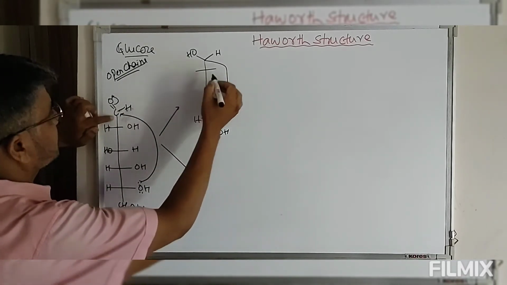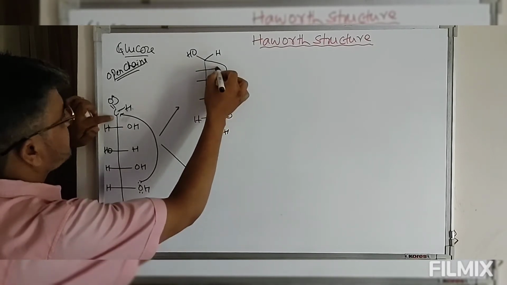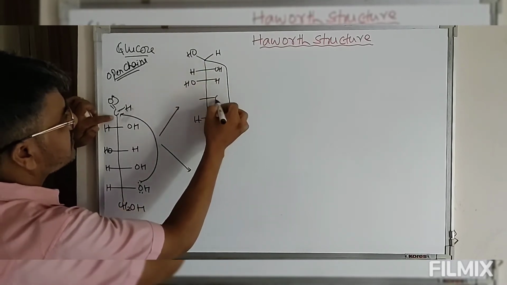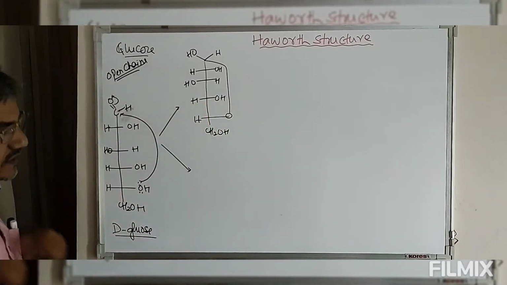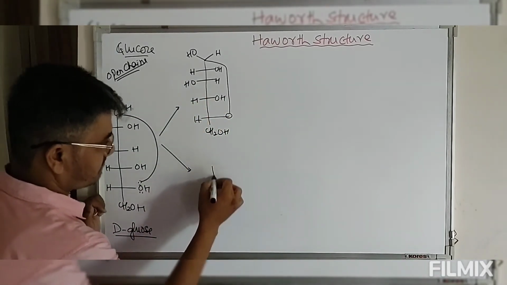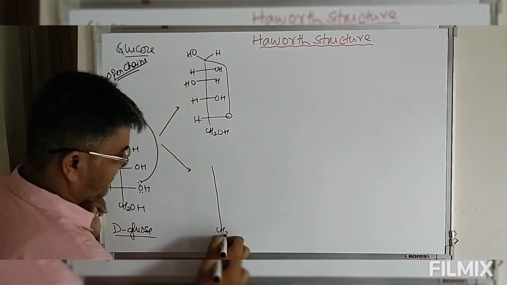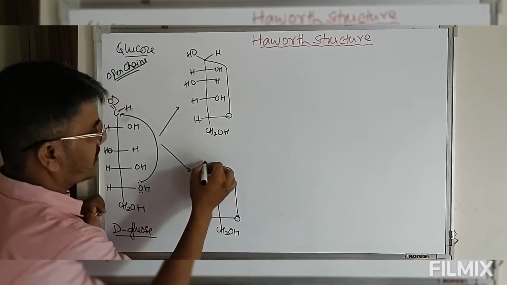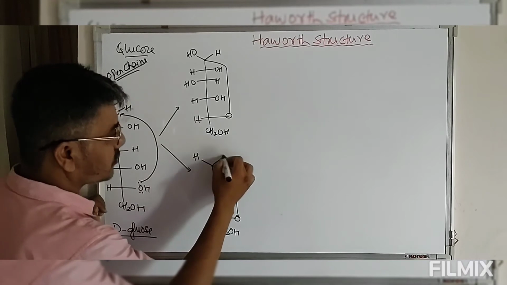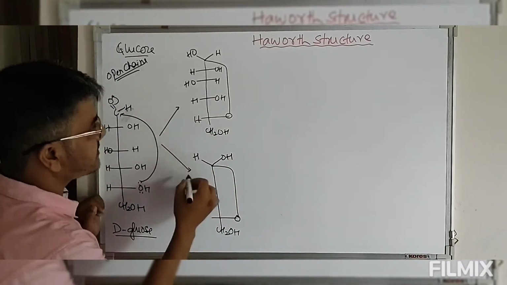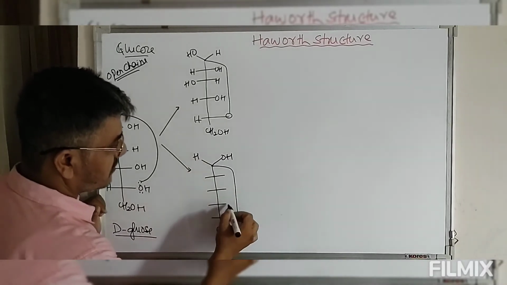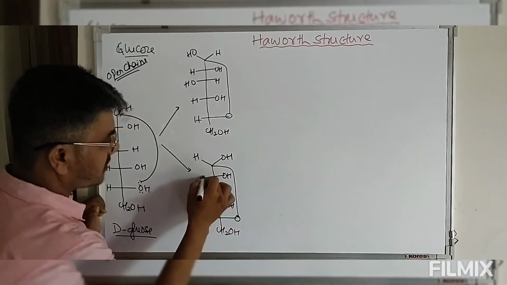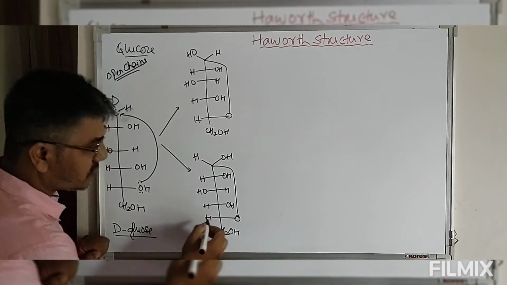Then we have the rest: OH, H, OH, H, OH, H. The other possibility is hydrogen on the left side, OH on the right hand side. The rest as it is, we have OH, H, OH, H, OH, H. So these are two possibilities.